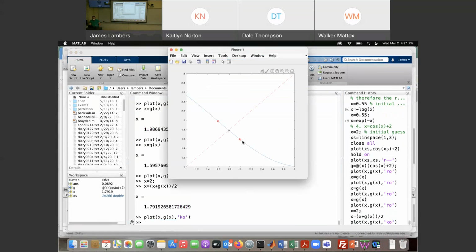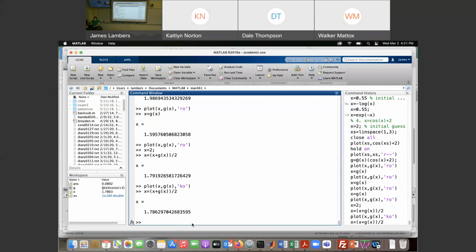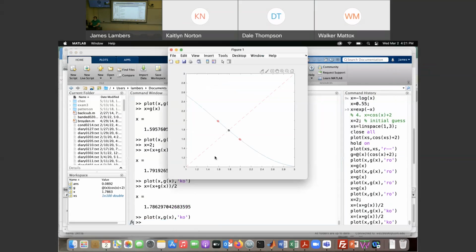So my initial guess is at 2. And look, very close to the exact solution in one step. And then I'll do it again. It didn't change very much. And I'll plot it as a black circle again. So it really is on target.